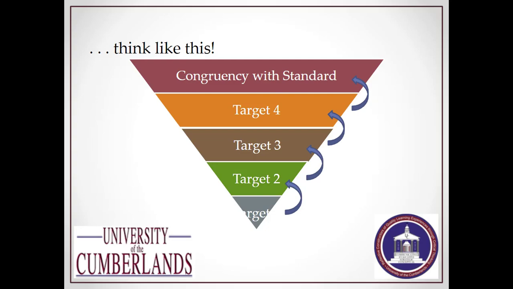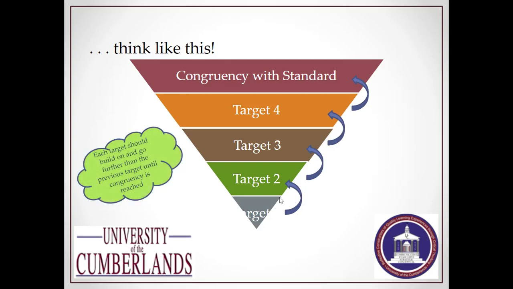So each of these blue arrows typically represents a formative assessment sequence. So if I am building from target to target to target to congruency with the standard, I do need to be formatively assessing to see if at least the majority of my students are ready to move on as a class.